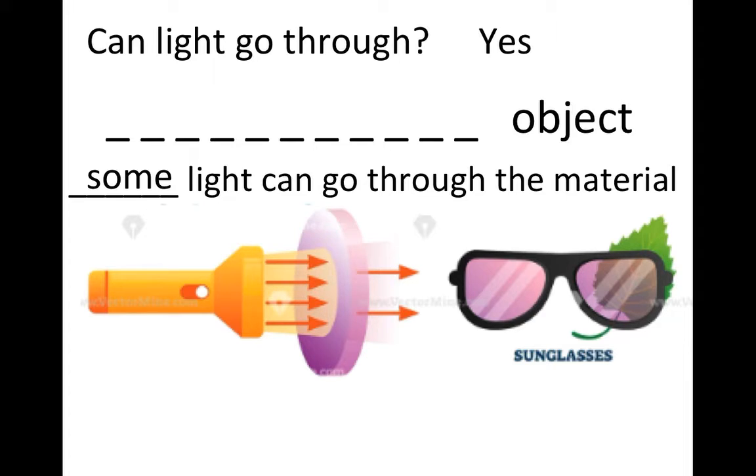Translucent. So, just like you would guess, translucent starts with a T, R, A, N, S, L, U, C, E, N, T. Translucent object.